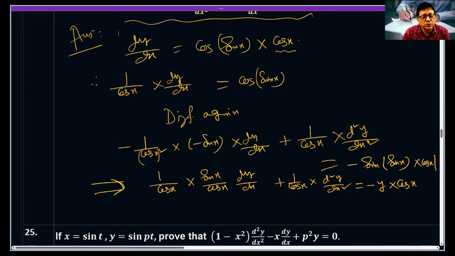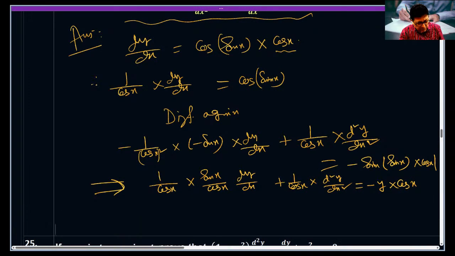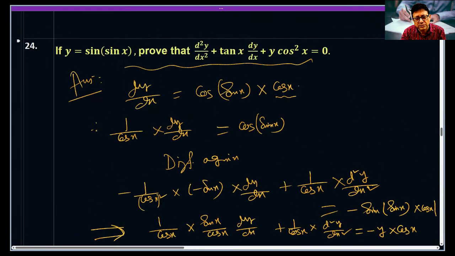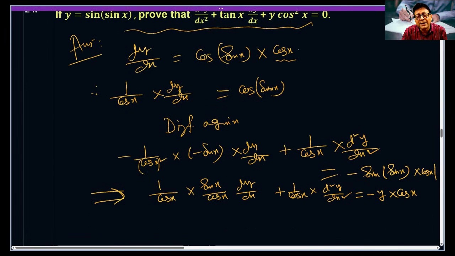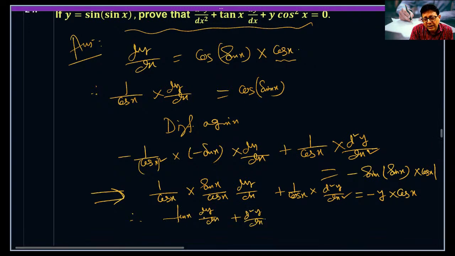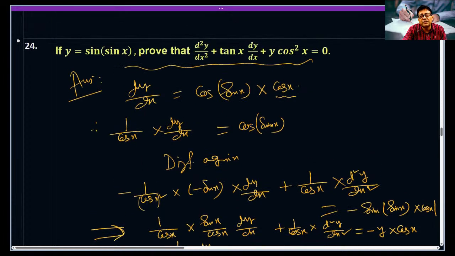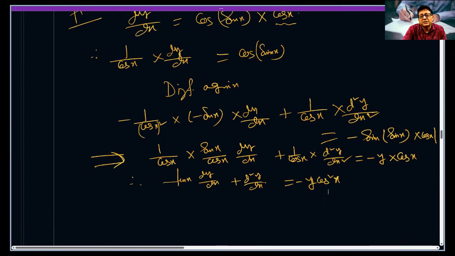Okay? So therefore, just multiply both sides by cos x. So tan x dy by dx... now take it on the left side and see, you got the answer here. What they have asked you to prove, you have done it. Okay?